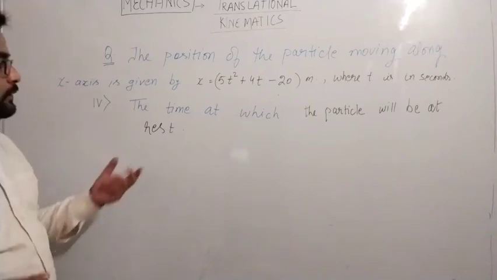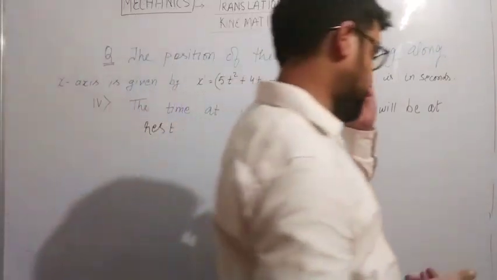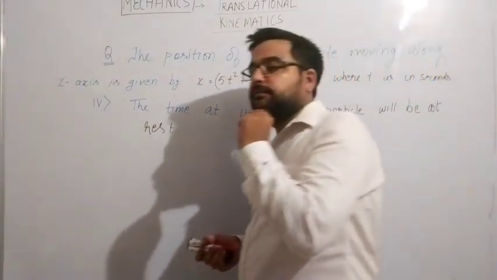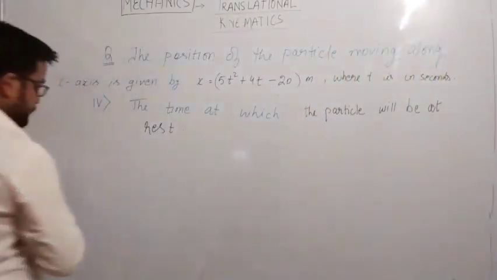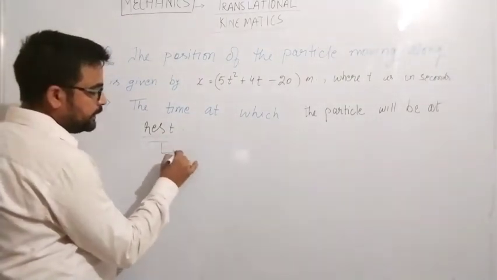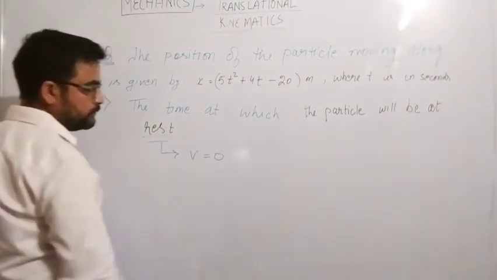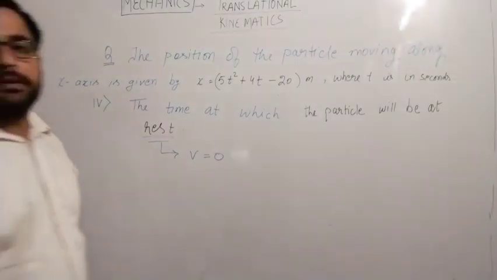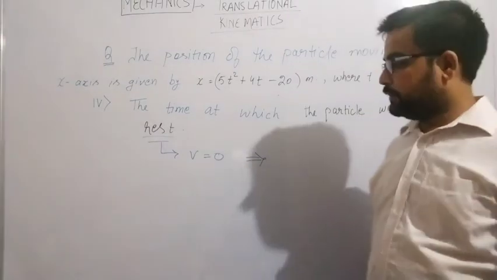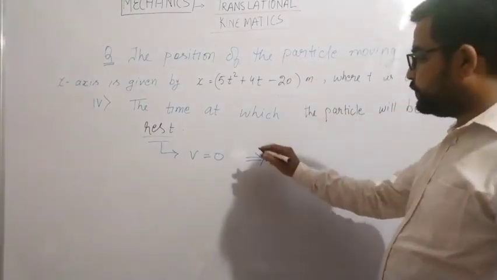Now think about it. When will the particle be at rest? Obviously, if the particle is at rest, that means what? Velocity is 0. Right? Put the velocity 0. So what was your velocity?